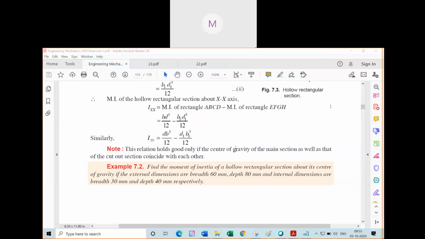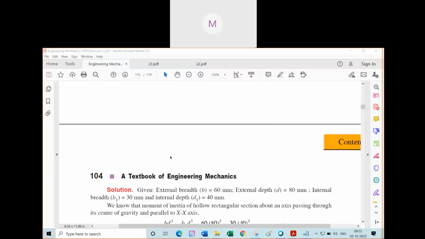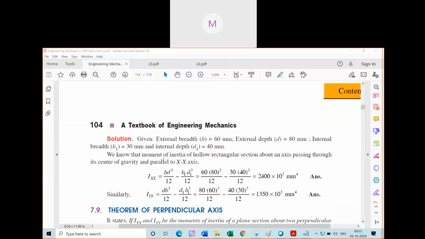Just remember one thing, do not forget to put the units. Like you put the units here, everywhere while solving these numericals, you have to put the units. Okay, the answer is correct. Very good. The answer is correct.